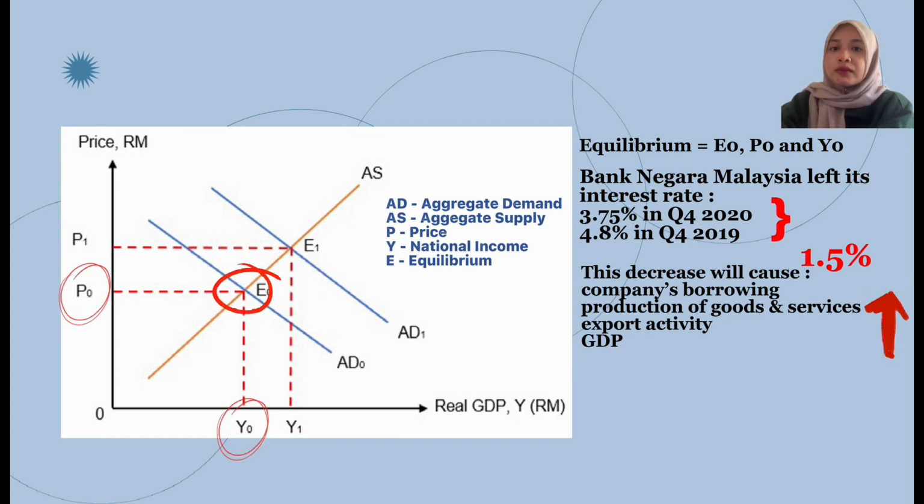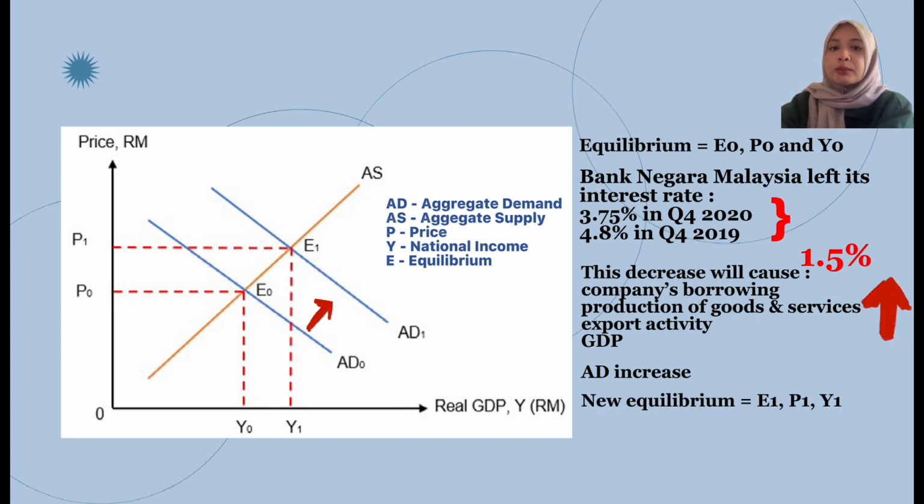The production of goods and services will increase, and the export activity of goods will also increase, causing the GDP to increase. As a result, AD increases, the AD0 curve shifts to the right to AD1. There is a new equilibrium at point E1, P1 and Y1.